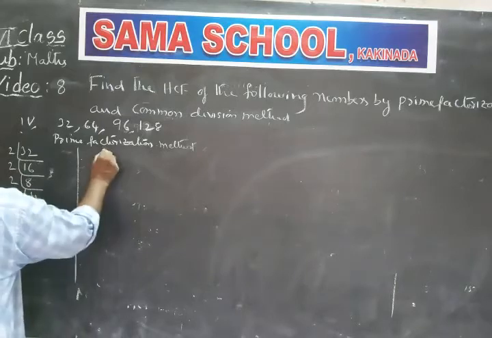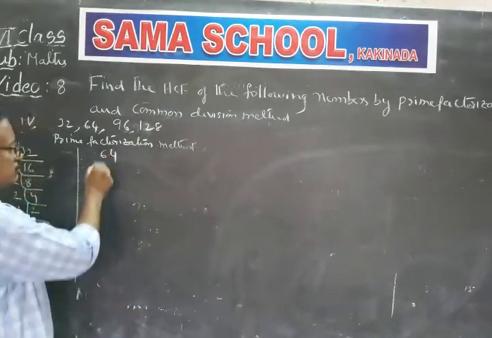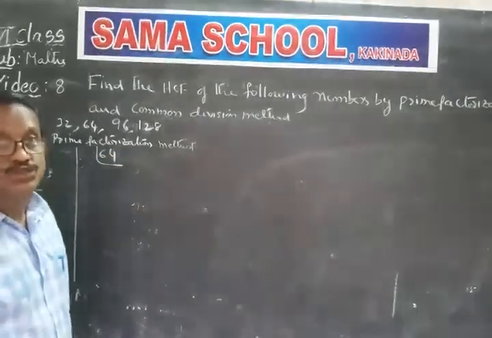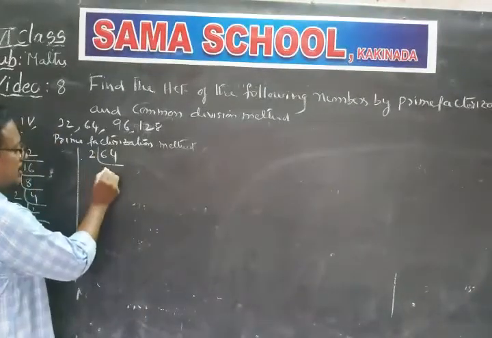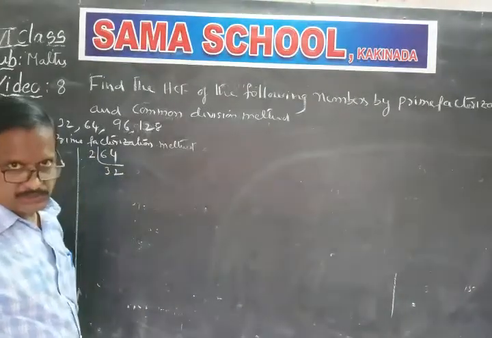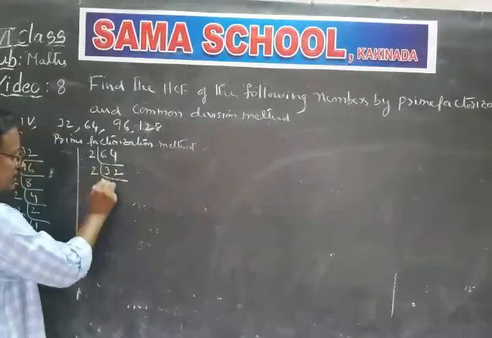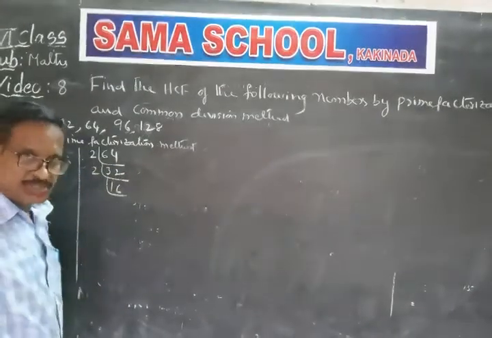Again 64. Which number is divisible? The least prime number, 2. 2 32s are 64, 2 16s are 32. 2 is the prime number.